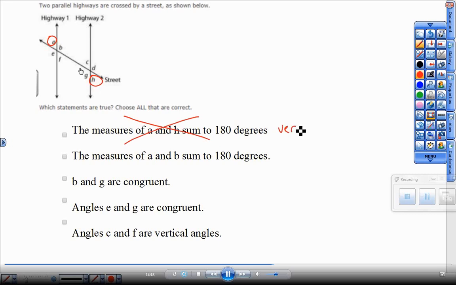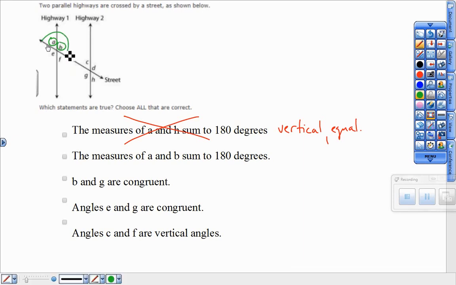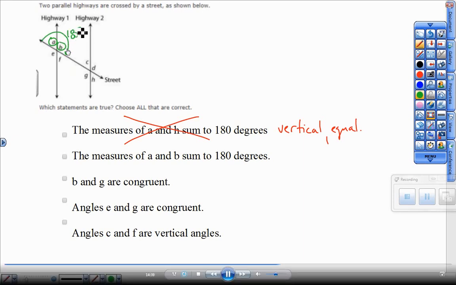Those are the same. There's no way they add up to be 180. And they are kind of vertical, but really vertical has to be right here, but they are kind of in that vertical position. And then A and B add up to give you 180. That would be true, because again, that pair you could see completes the 180 degree pair.